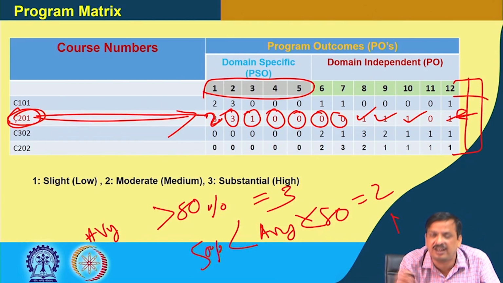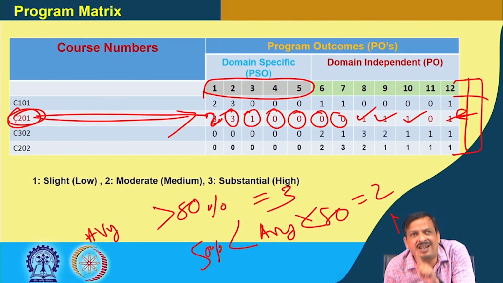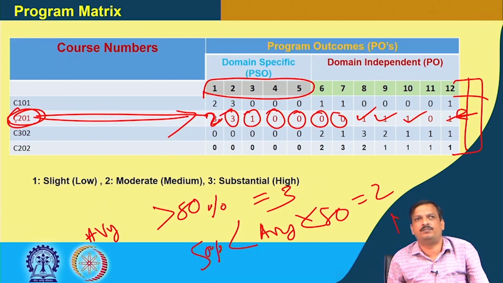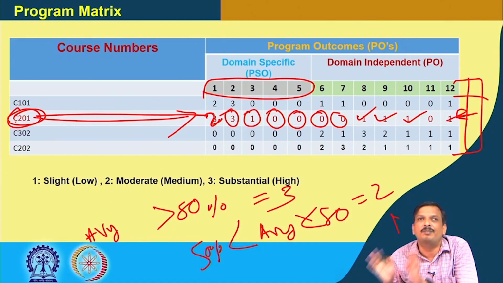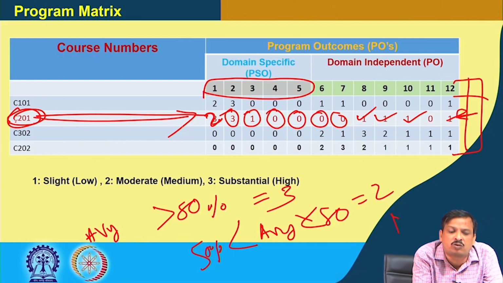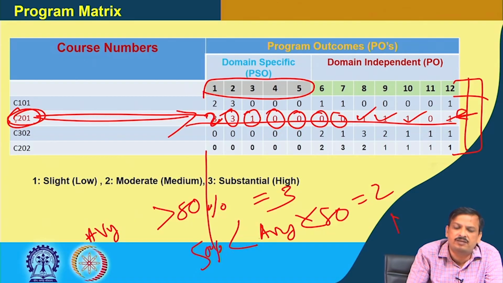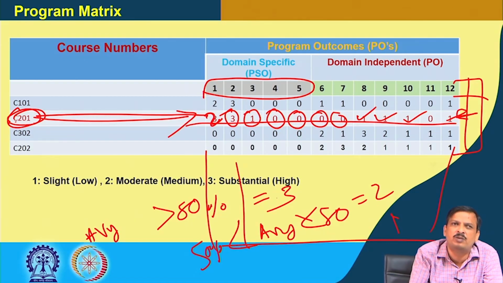When you write separately, be sure you are only writing the speciality of your program, which I have already mentioned. Okay? So, individual course contributes towards this PO. Then you develop the program matrix, the entire program matrix will be developed.